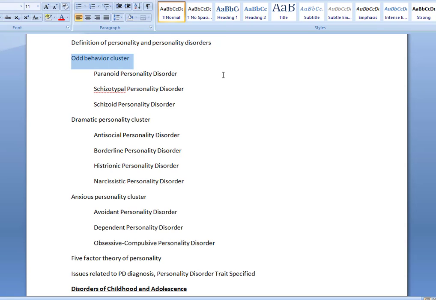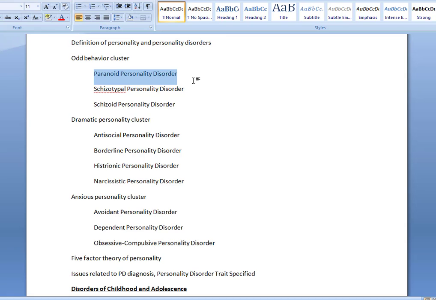So the odd behavior cluster, or cluster A disorders, are disorders that seem to mimic in some ways psychotic symptoms. So we talked about paranoid personality disorder, just like it sounds. A person has a very difficult time trusting other people. And one thing with these disorders is that although the symptoms are similar to schizophrenia, they're usually less severe than the symptoms a person would have during an active psychotic episode, but they are longer lasting.